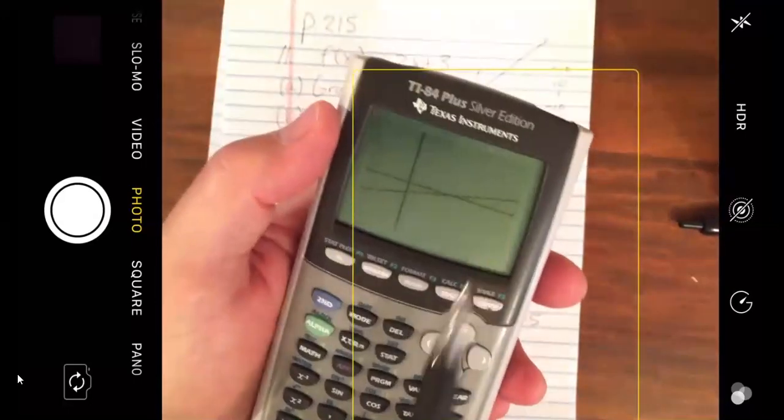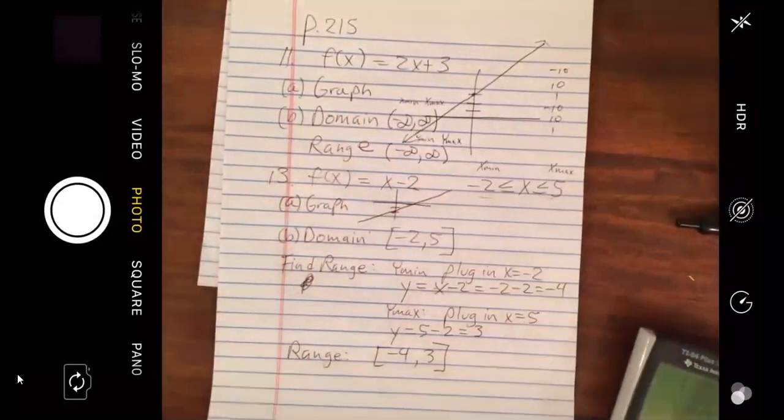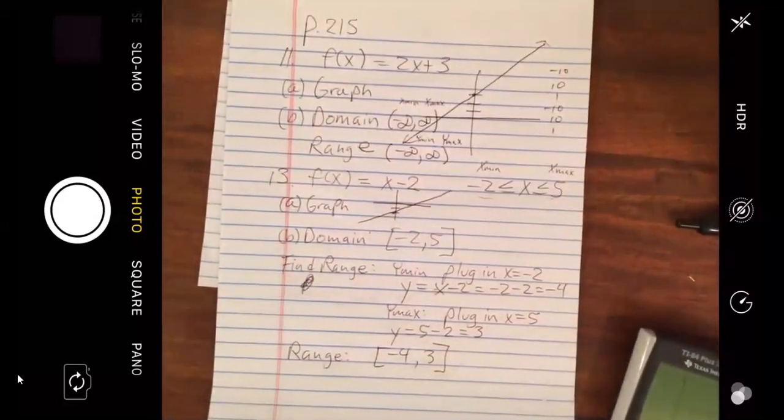So that's vertically what it's running. Questions about that? Was there any questions about that? No, I didn't have any questions.